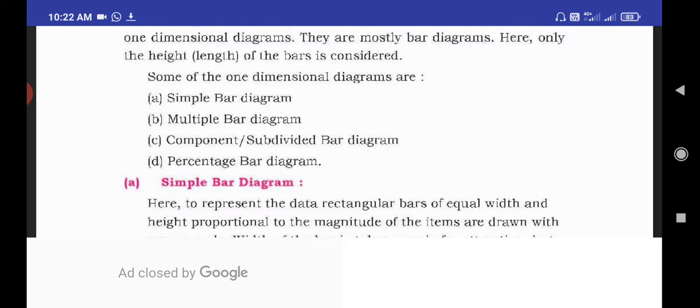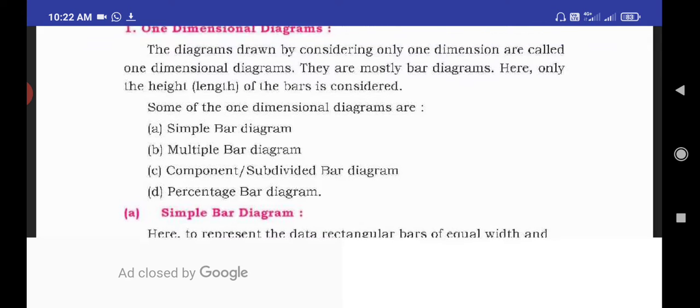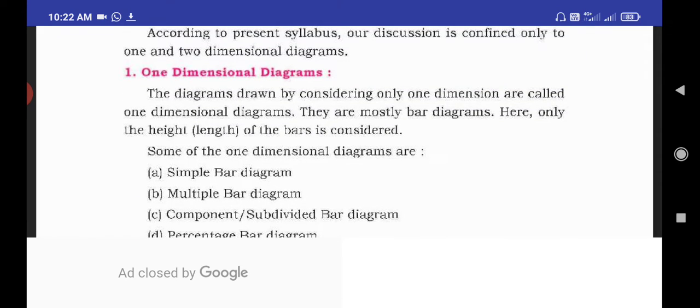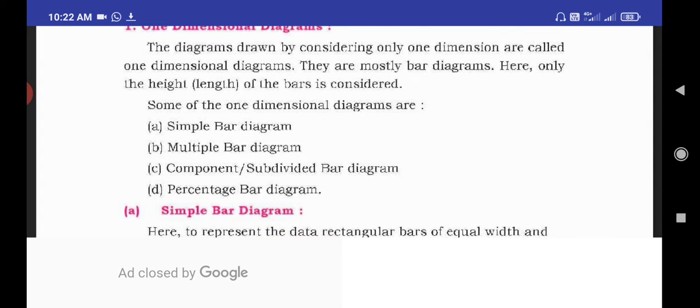Okay students, let us know about them one by one. What are the types of bar diagrams? First one is simple bar diagram. Simple bar diagram comes under the one dimensional diagrams. Under that we have 4 types: simple bar diagram, multiple bar diagram, component or subdivided bar diagram, and last one is percentage bar diagram.